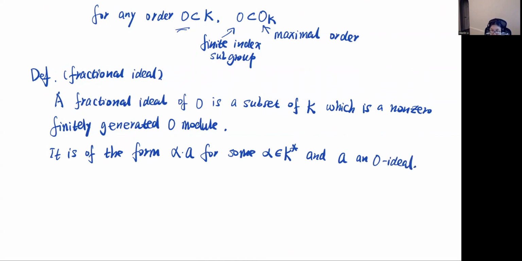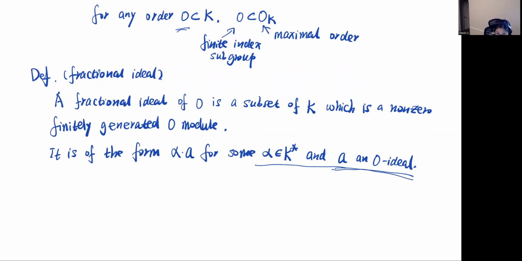An ideal is first of all a subset of the ring, but for a fractional ideal we don't ask it to be a subset of O. We only ask for it to be a subset of K. So you take an actual O ideal A, and then you are allowed to multiply by any non-zero element of K. Such a structure is called a fractional ideal. It is a subset of the field K.